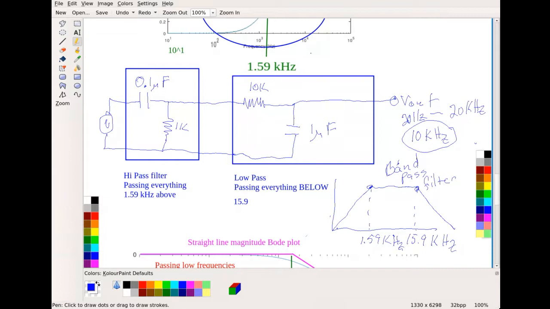All right, so the one other thing I didn't really talk about here was the phase angles. So if you look on page 991, he kind of talks about the phase angles.